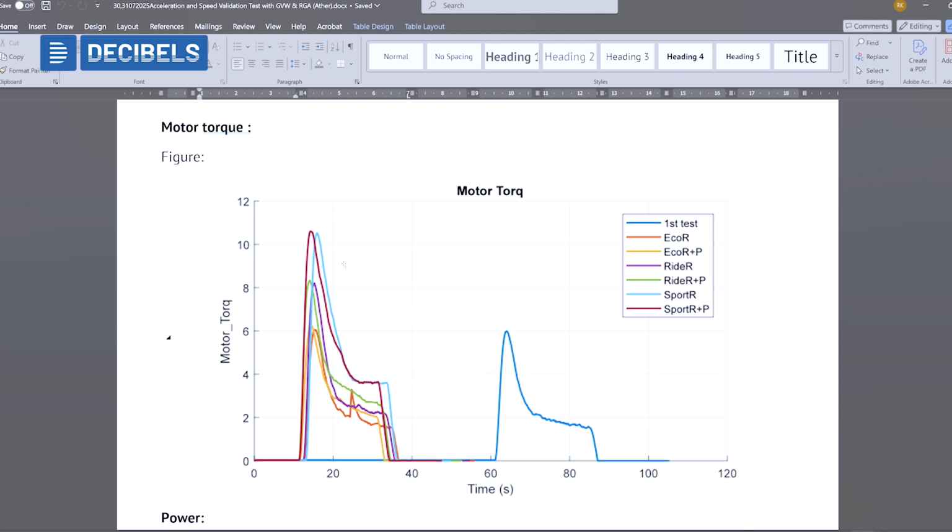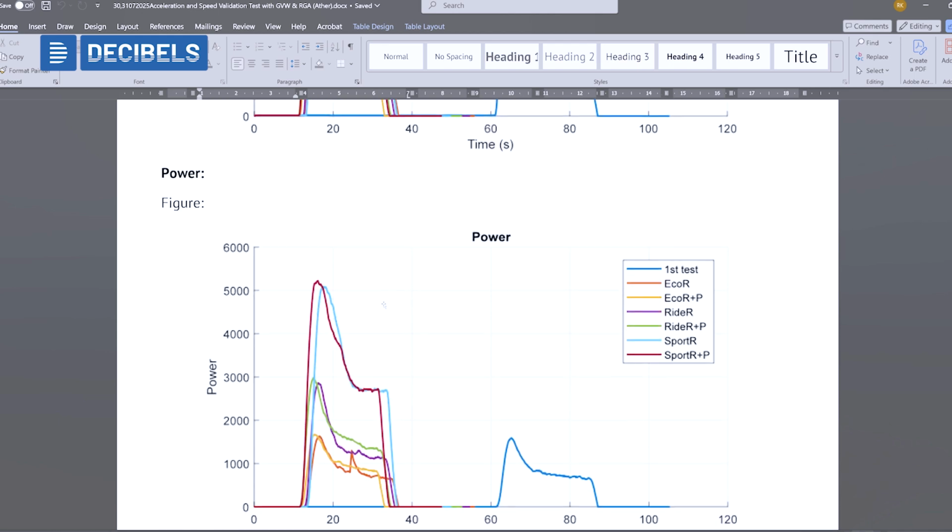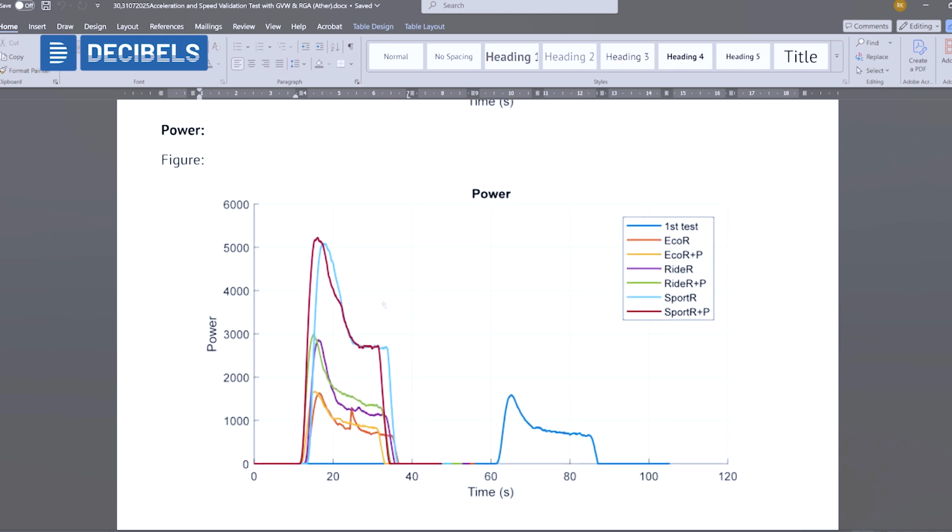If we come down below, what is the maximum power being produced by the vehicle, that is the mechanical power? And for different modes, what is the limited power? For eco mode, it's around 1,800 watts, quite below 1C of the battery pack.